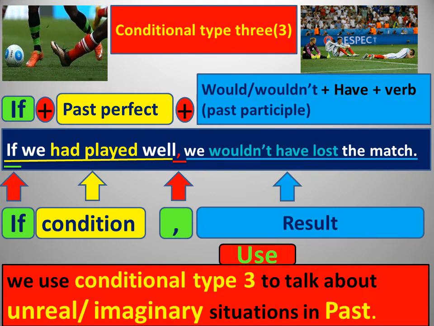It is wouldn't have lost, which means we would win the match, but we did not because we had not played well. Okay, is it clear? So this is an imaginary situation. Imagine we played well, the result would be that we wouldn't have lost the match. Okay?